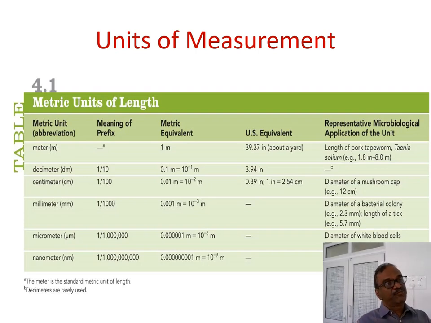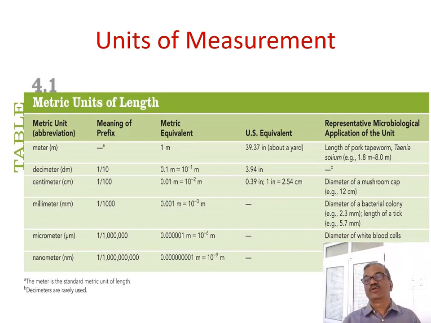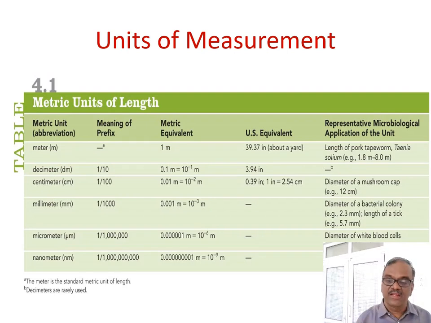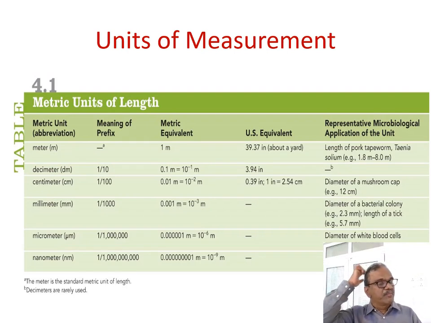If you go a little more advanced in the images, if you want to see a very fine structure, you can measure with the help of nanometers also. Advances have come even for picometers, another 3 zeros, but mainly you can use up to nanometers.